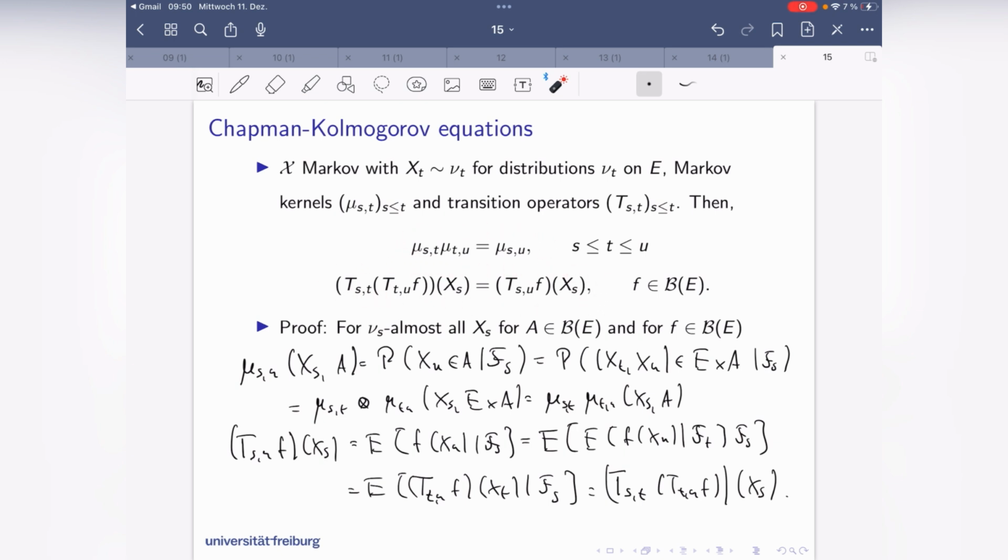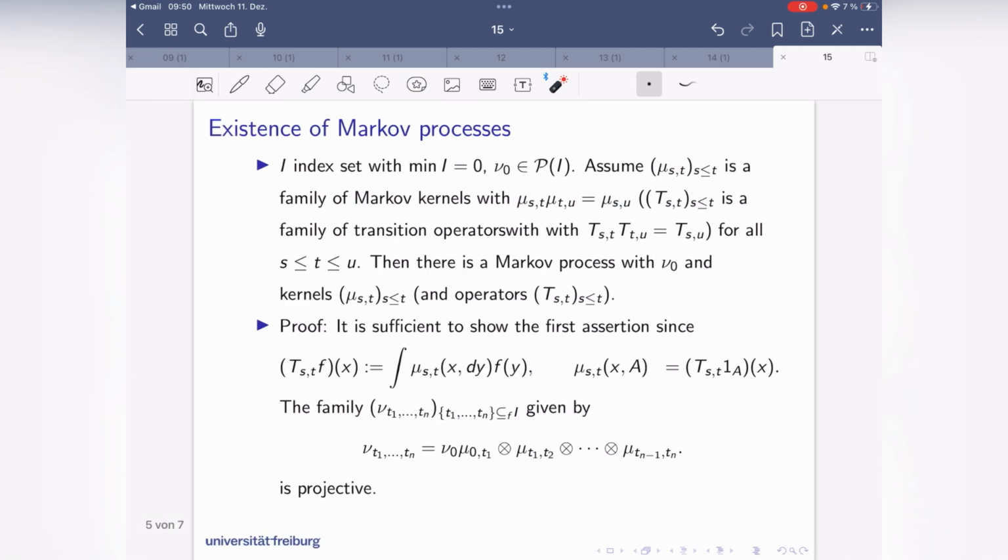The more interesting question is, if I have a set of Markov kernels or transition operators that satisfy this property here, do we have a corresponding Markov process? And the answer is yes. So that's this result here.